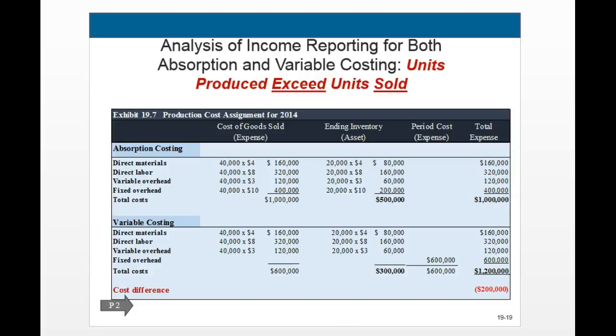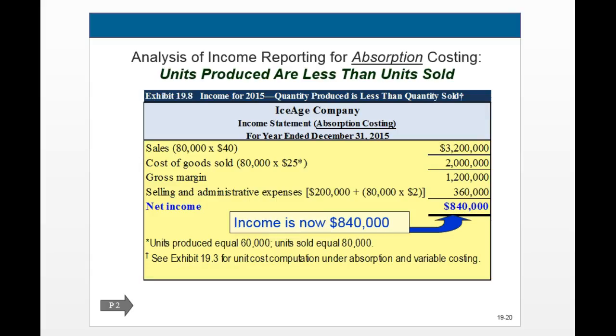So as you go down, now we're going to look at what happens when you produce less than what is sold. And that's just going to be a reverse, right?